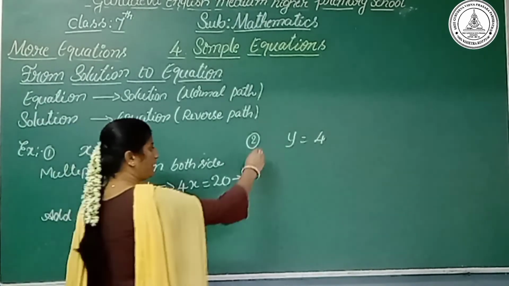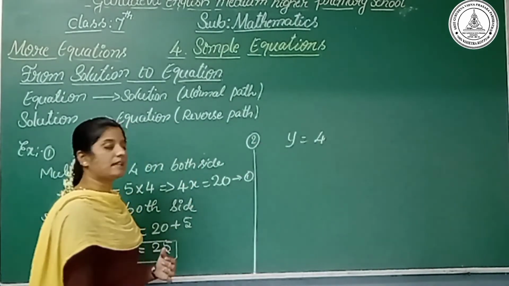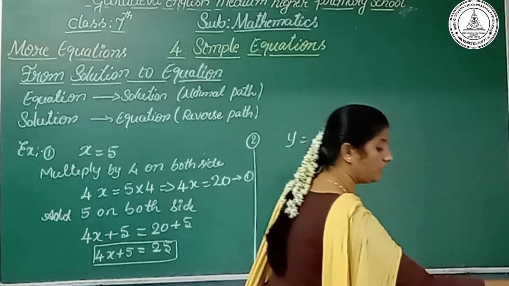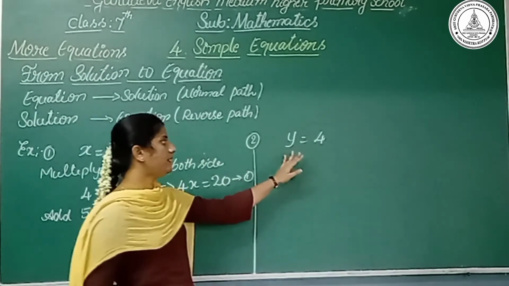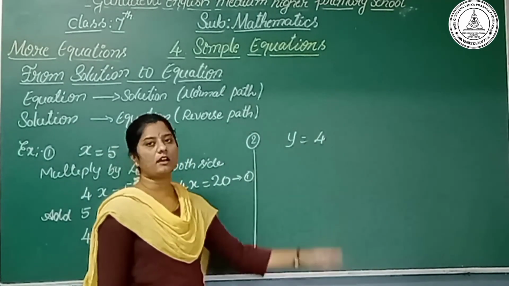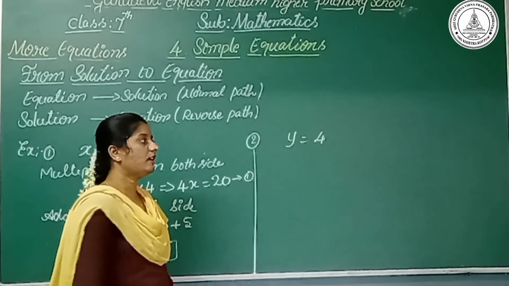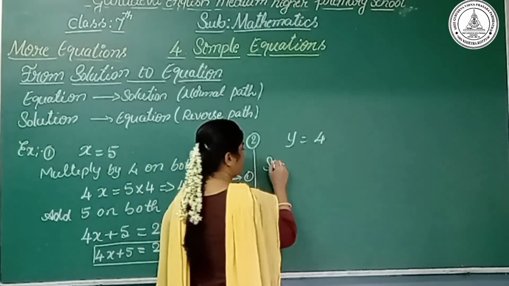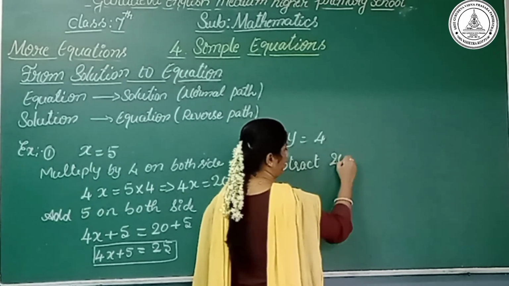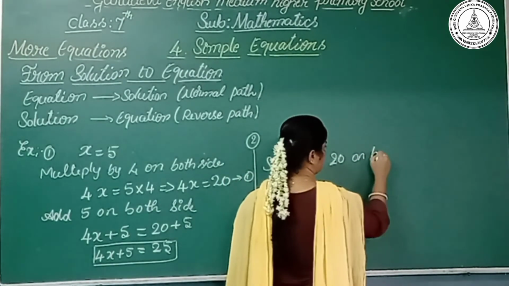Yes, at the same time let's do it for y equals 4. Here y equals 4 is given as a solution of an equation, so we have to frame the equation. First I will subtract 20 on both sides.